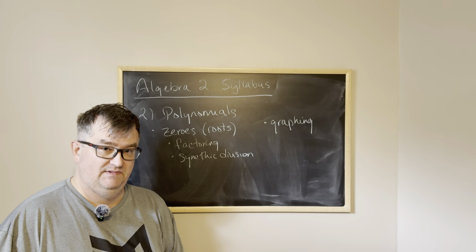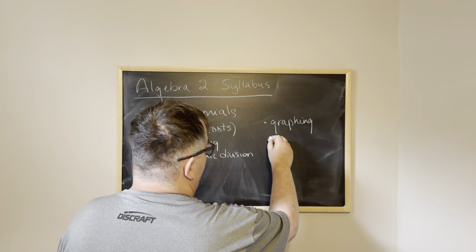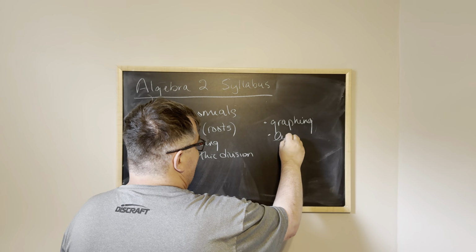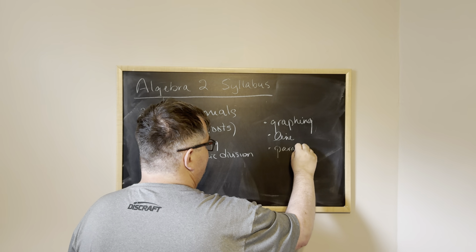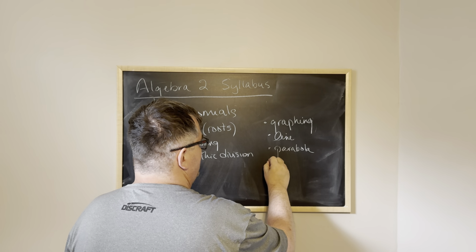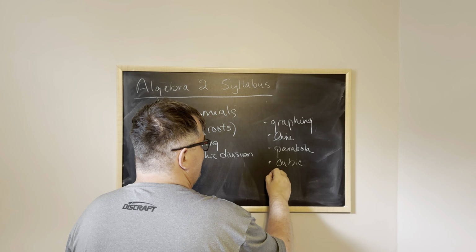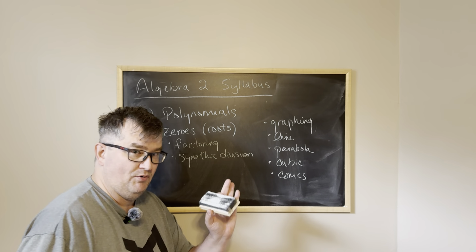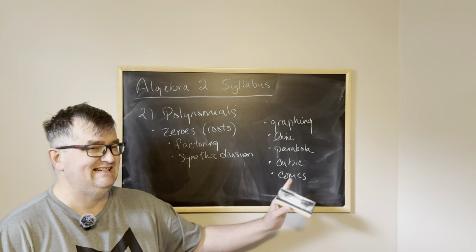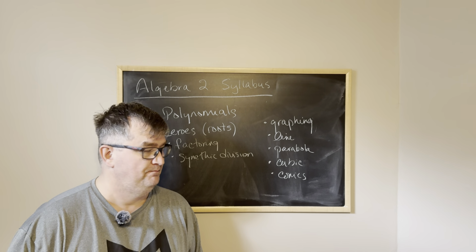Very, very important. Now, the reason why graphing is important is you need to know how to do a line, parabola. You need to do a cubic. And you need to do the conics, which a parabola is part of. So it's the other 3 conics: circle, hyperbola, ellipse.